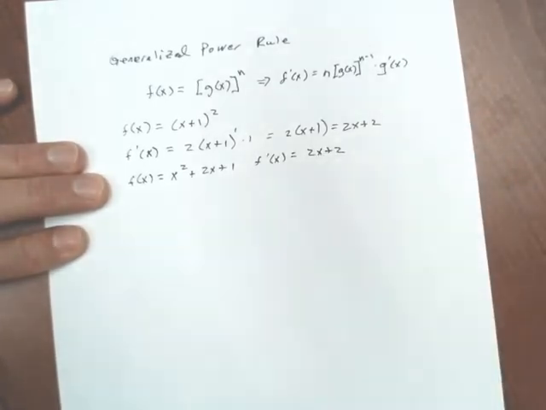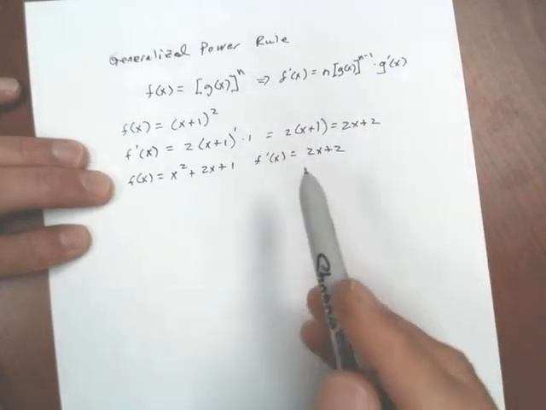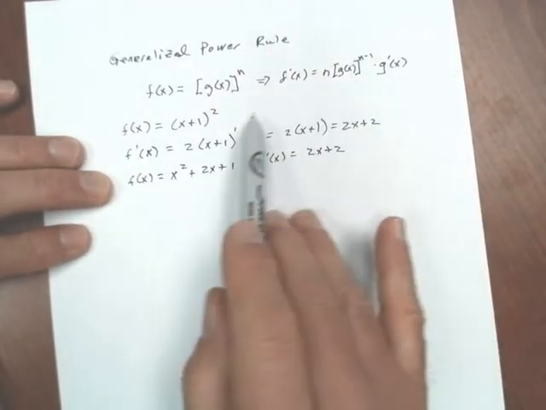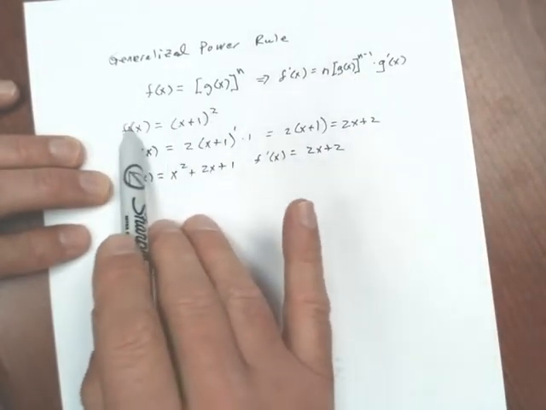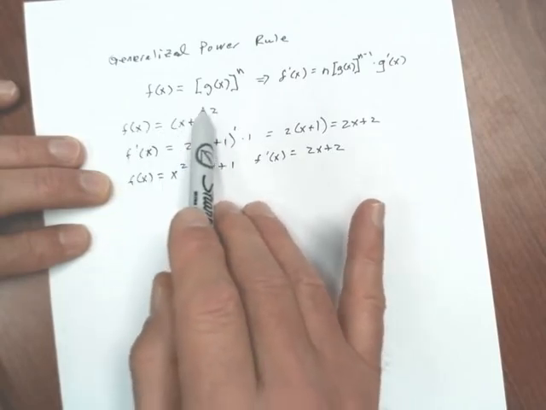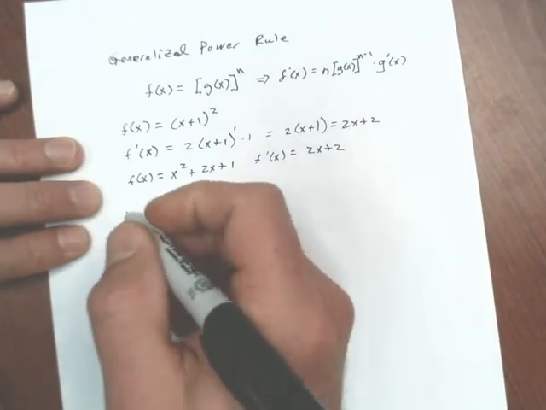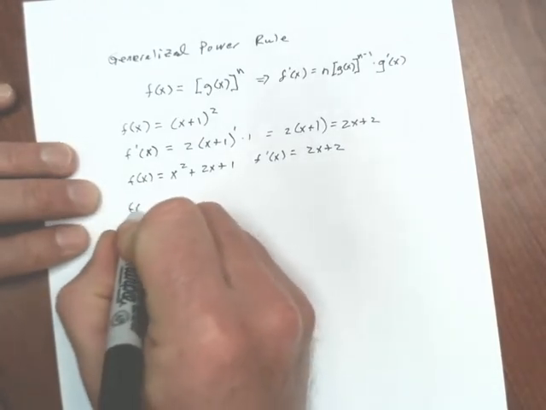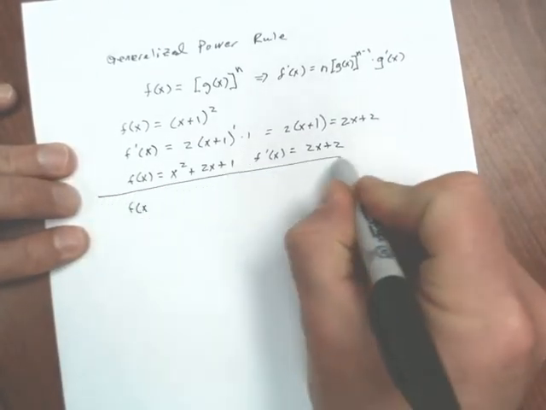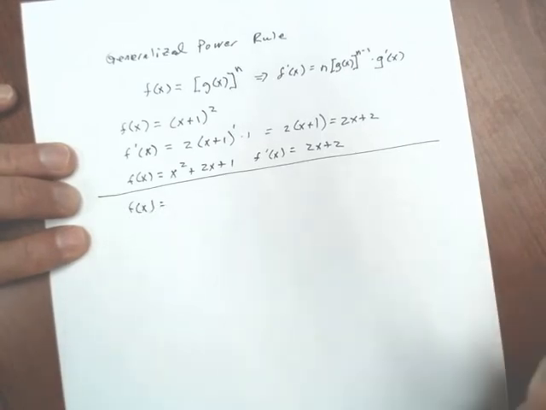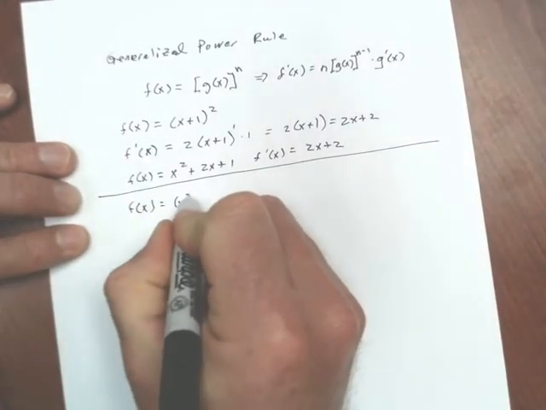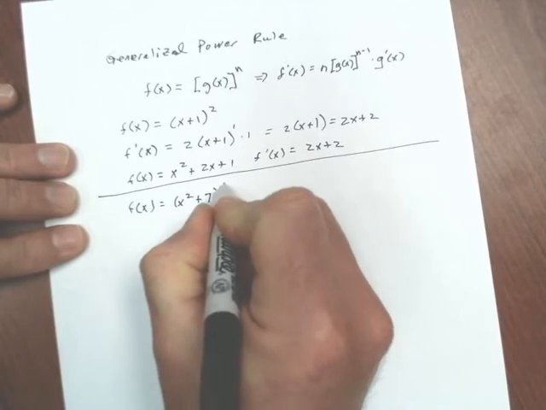So we can get that either way. But the generalized power rule really, instead of covering simplified forms like this, what if we have a form that is f of x equals x squared plus 7 to the 9th.